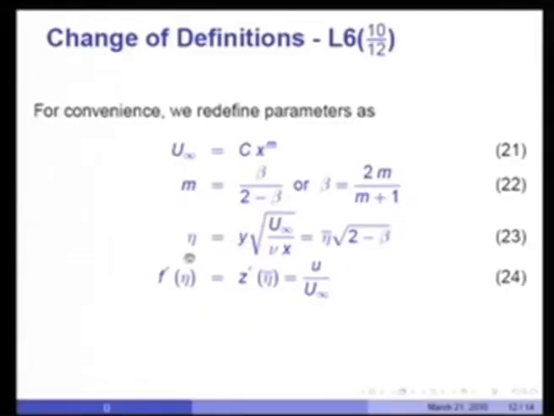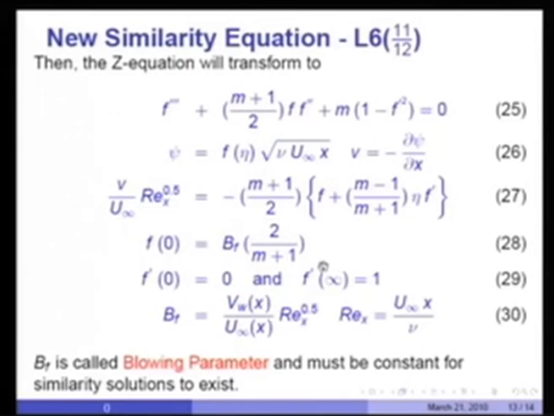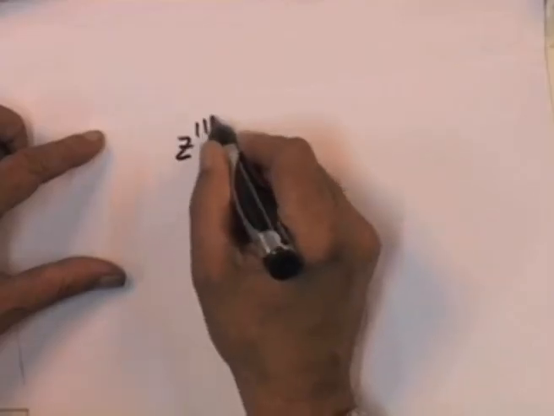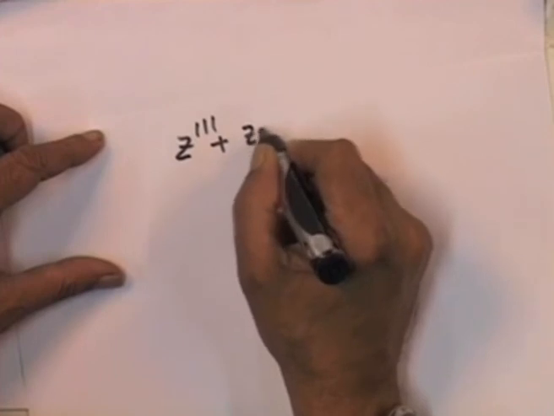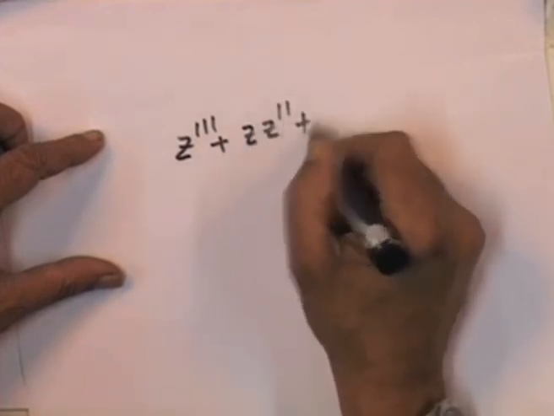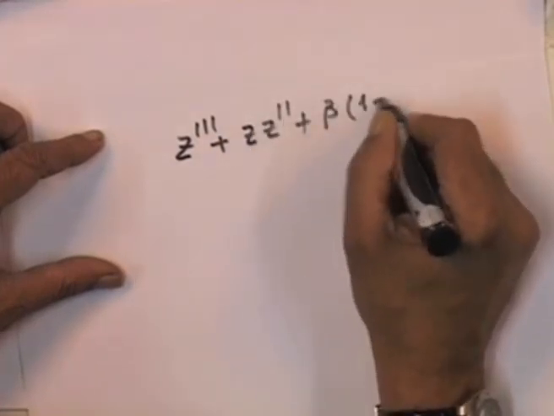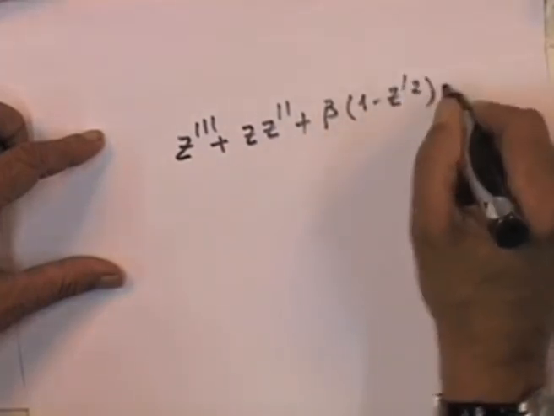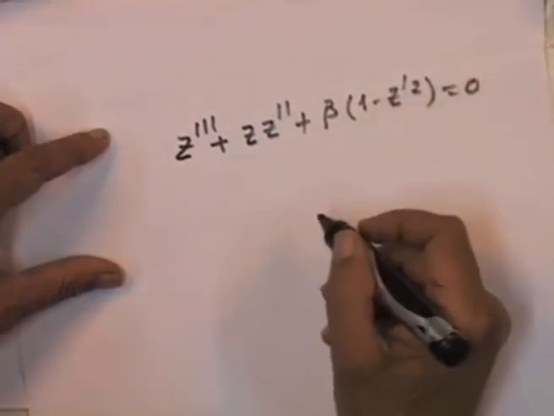I have simplified eta by removing 2 minus beta from it. So, now the new variable is eta. I am replacing z by f and saying f dash eta will be equal to z dash eta bar equal to u over u infinity as before. With these substitutions, you will notice that our equation is z triple prime plus z double prime plus beta into 1 minus z prime square equal to 0, and I am changing this.